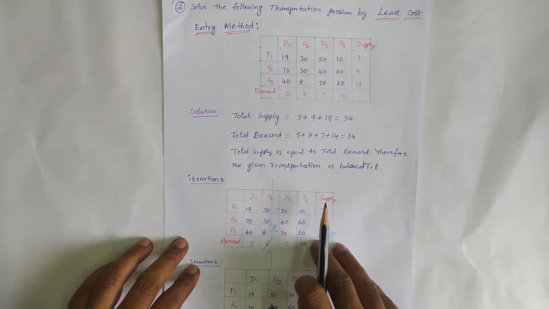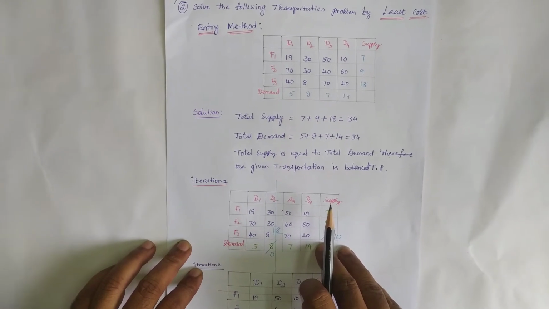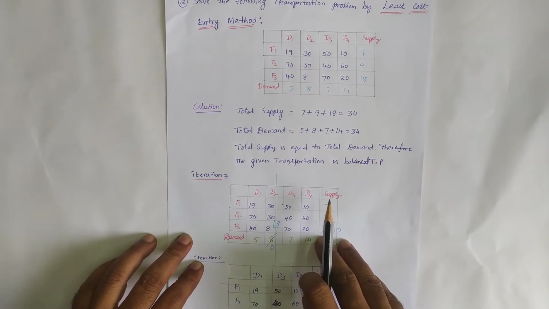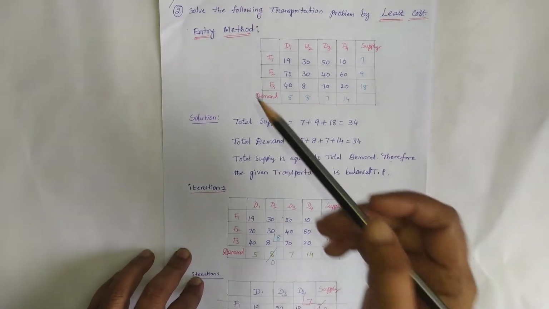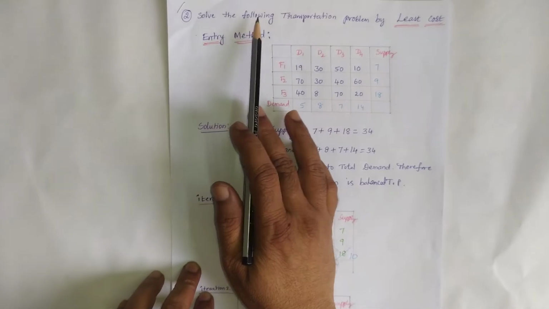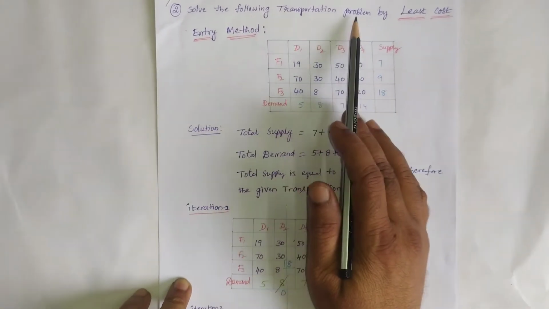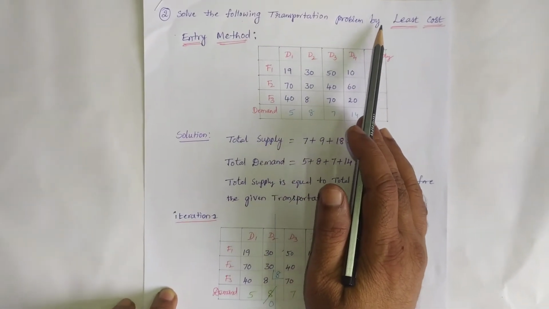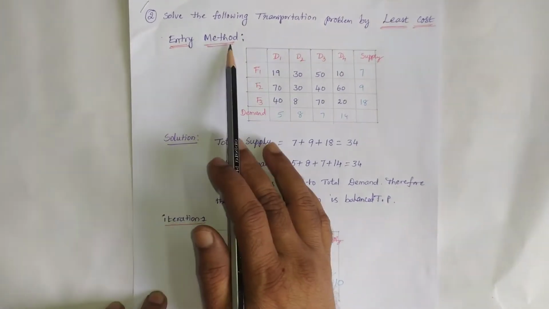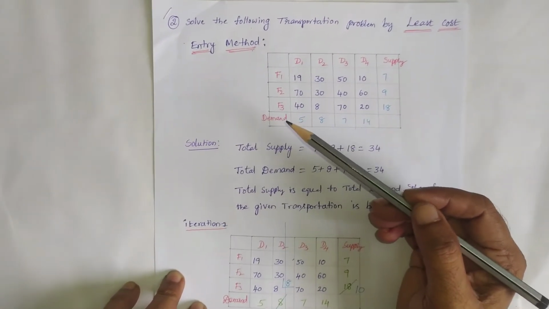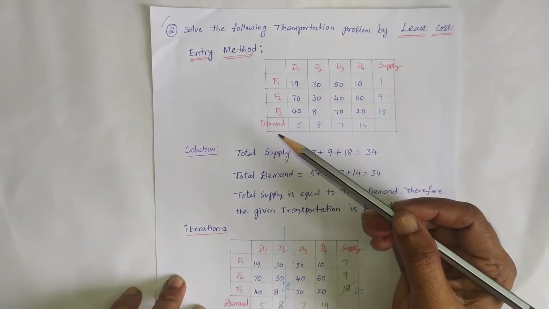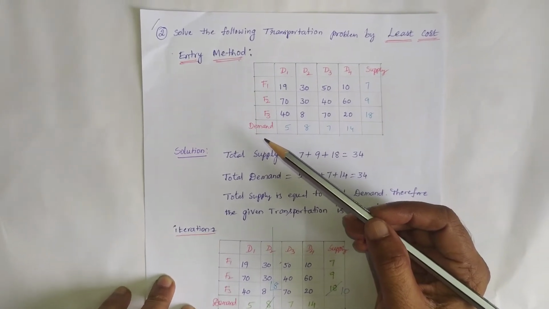Today I am going to explain the least cost entry method in transportation problems. See here, solve the following transportation problem by the least cost entry method. This is one of the methods in transportation problems.